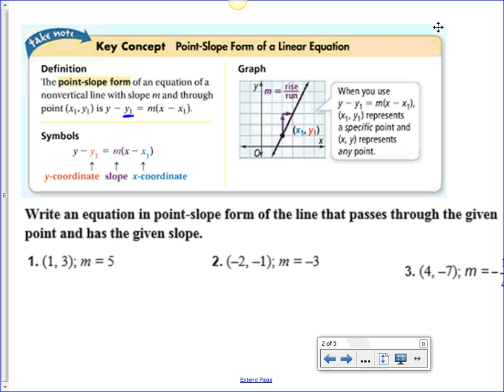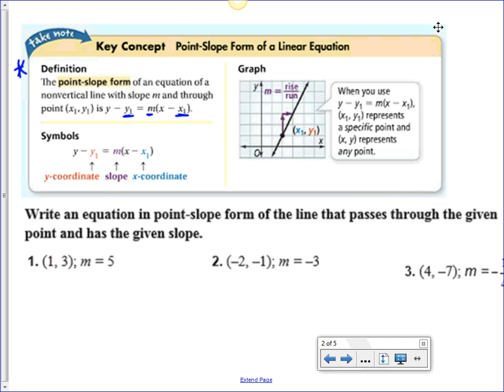This y1, as you can see down below here, represents your y coordinate, and your x1 represents your x coordinate. And once again, your m is your slope. So this would be a great thing to have on a note card, or in your notebook, I should say. So let's take a look at these problems, and we'll see what we can do here.